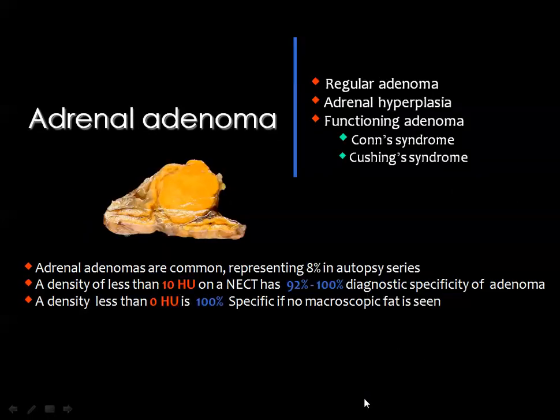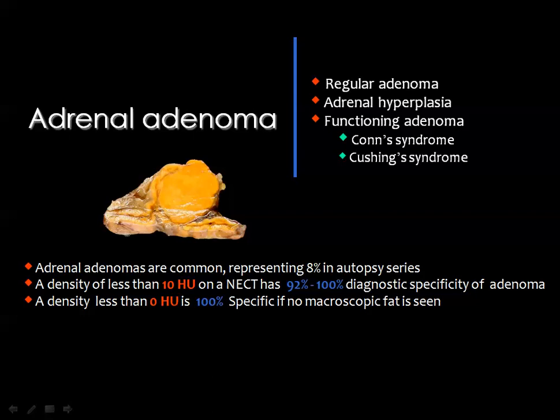Starting first with the adrenal adenoma, we have what's known as the regular adenoma, which is divided into two major categories: the lipid-rich adenoma and the lipid-poor adenoma. Also, you have the functioning adenoma and the non-functioning adenoma.